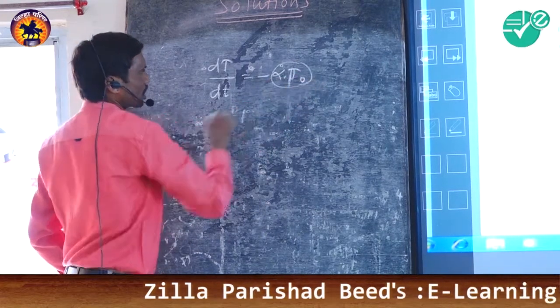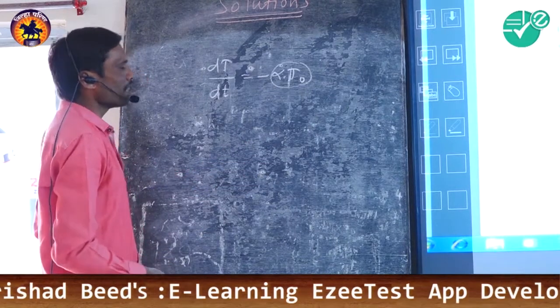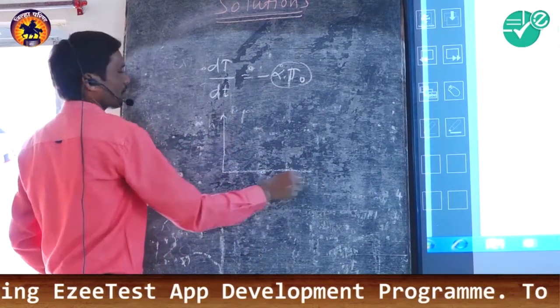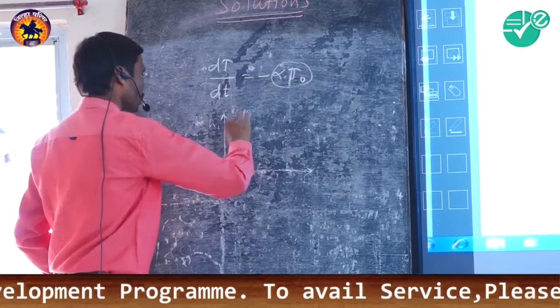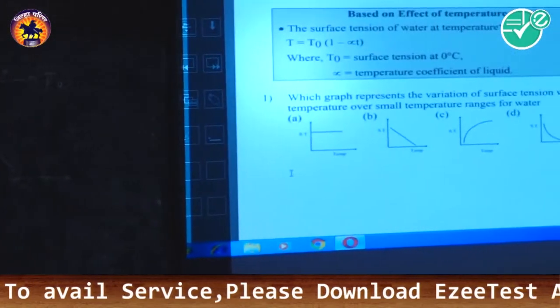Both remain constant. It means this ratio is constant but negative. So the graph between them has a constant slope, but that slope is negative. So we get this relation like this. It means option B1 is correct.